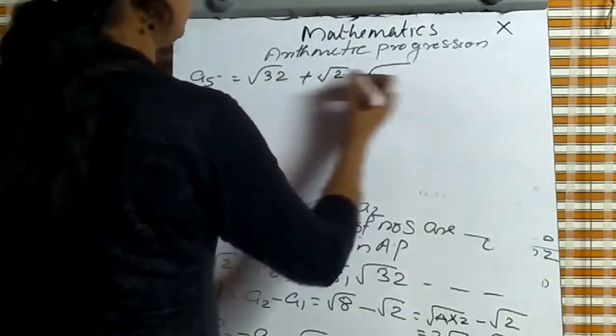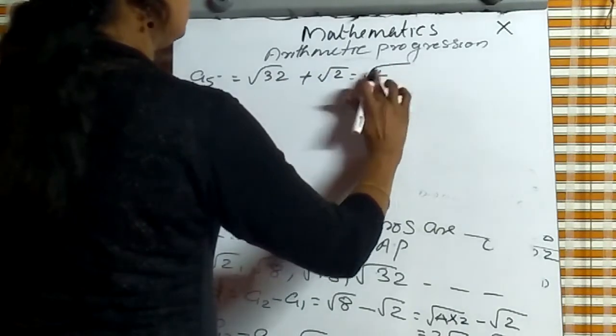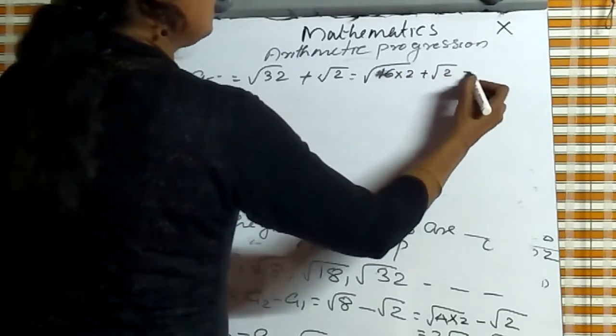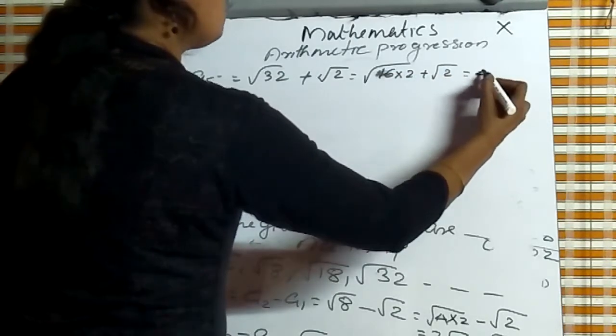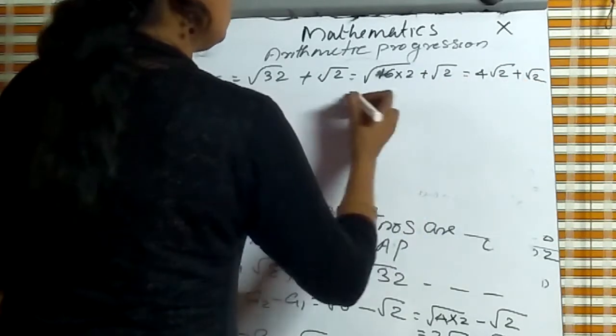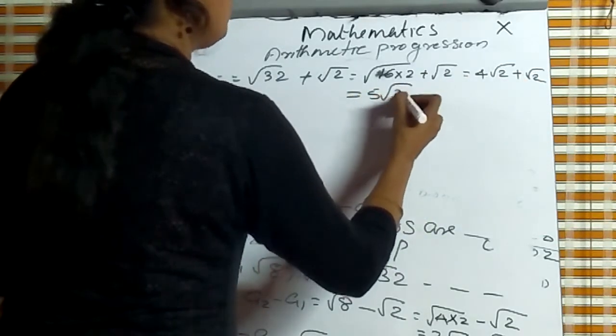Root 32 is root of 16 into 2, so 4 root 2 plus root 2. So our answer is 5 root 2.